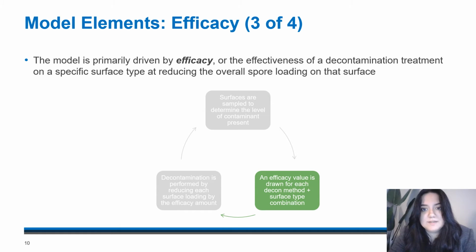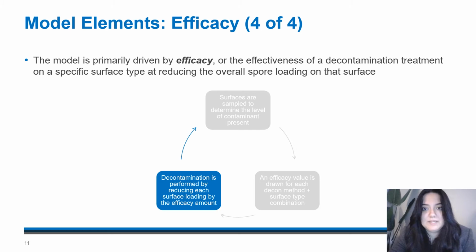And then an efficacy value is drawn from a series of distributions which were informed by the BioDecon compendium for each surface based on the decontamination method applied to that surface. The efficacy value is applied to the loading on the applicable surface, reducing the overall spore loading on that surface. And then sampling is performed again to determine if another round of decontamination is required for any surfaces.